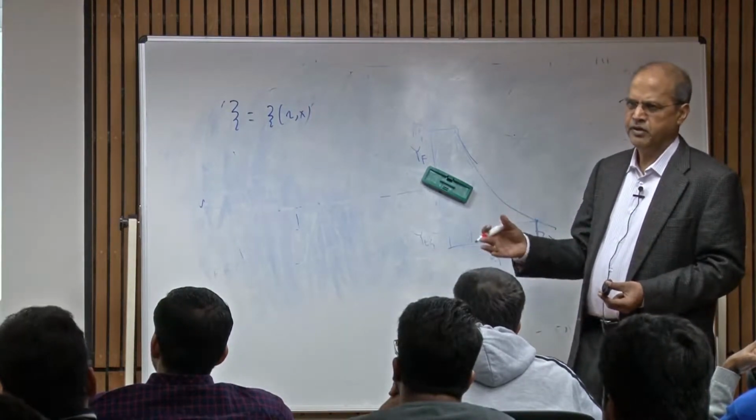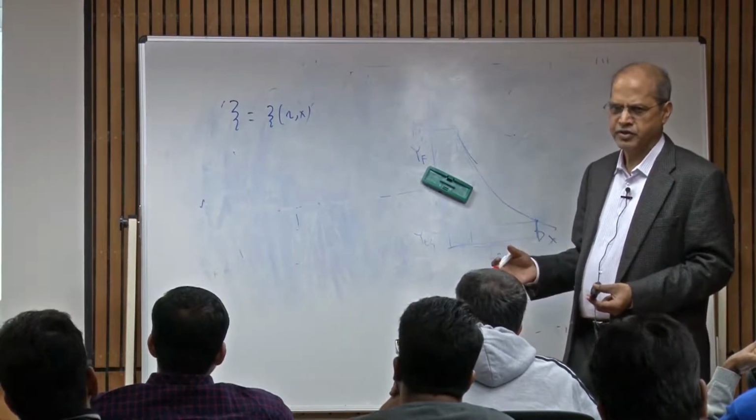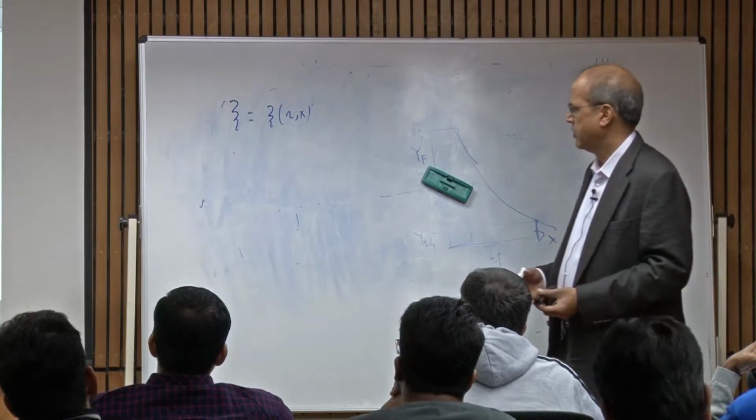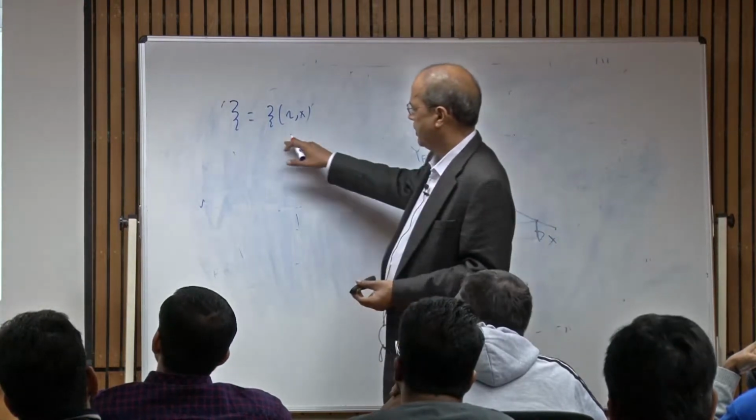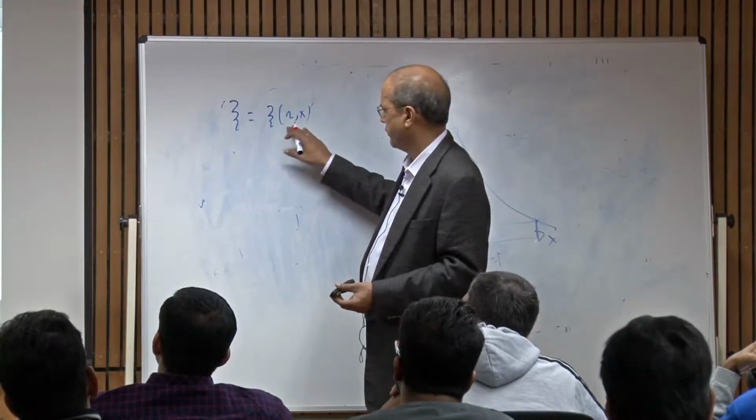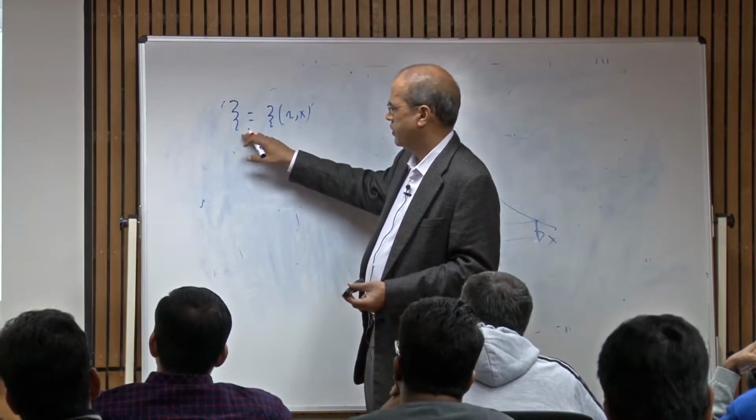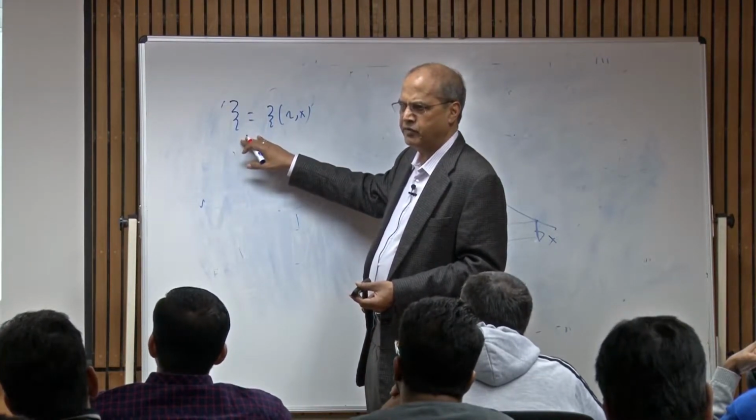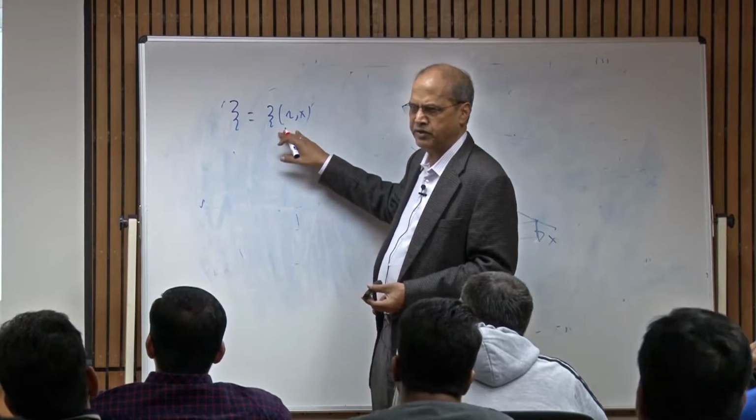Flat plate boundary layer is Cartesian geometry, x and y. So the main idea is, you identify a variable which is a function of r and x, and then you do the transformation of the governing equations.